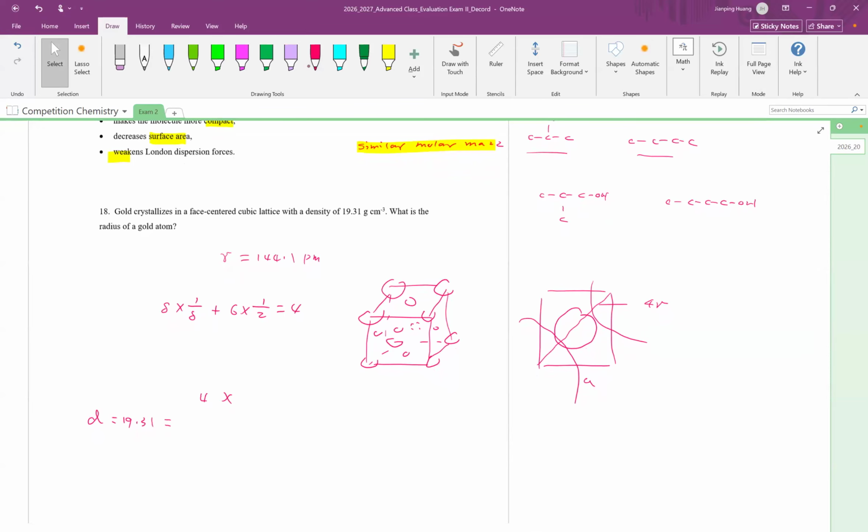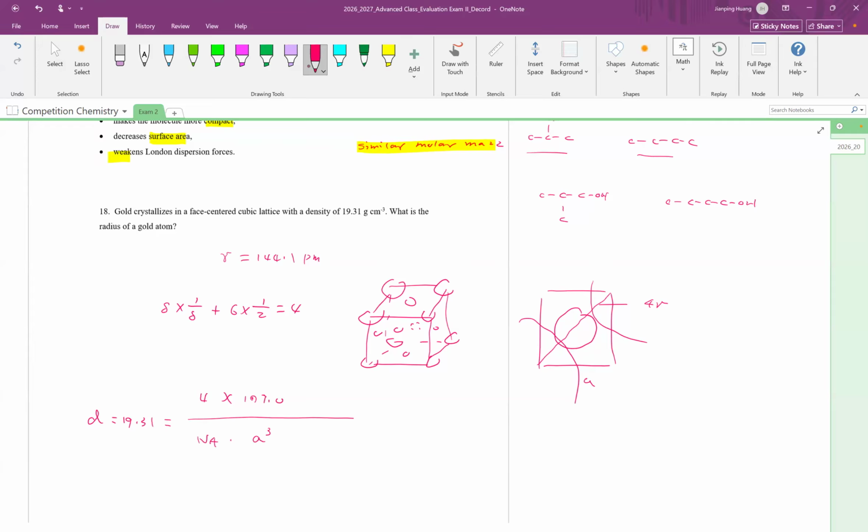Let's look at gold. Where is the gold? It's 197. Okay, right? It's a 197. So you divide by Na, you divide by A cubed.